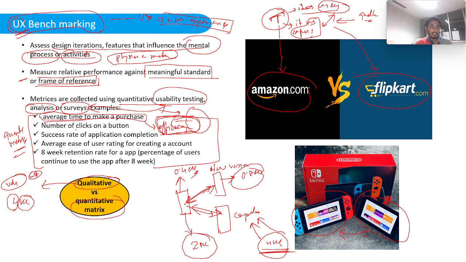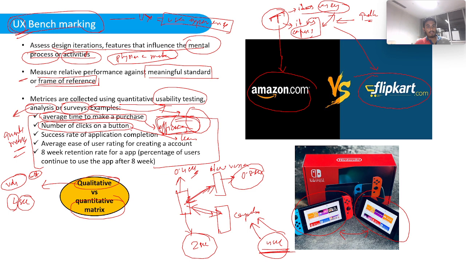Now, number of clicks on a button is also easy to measure based on web analysis, and we can know that this particular button got pressed 5 times, which means the visibility of that particular product is very high, so learnability is more. So learnability we can measure like that.